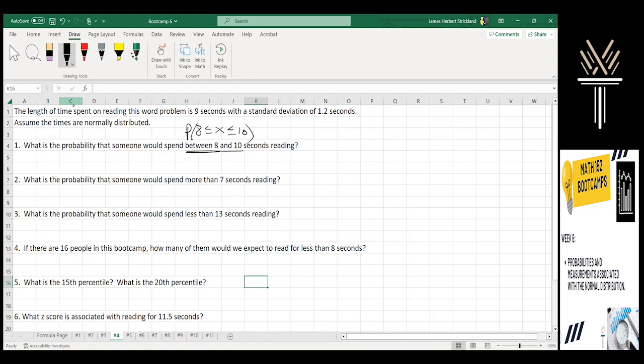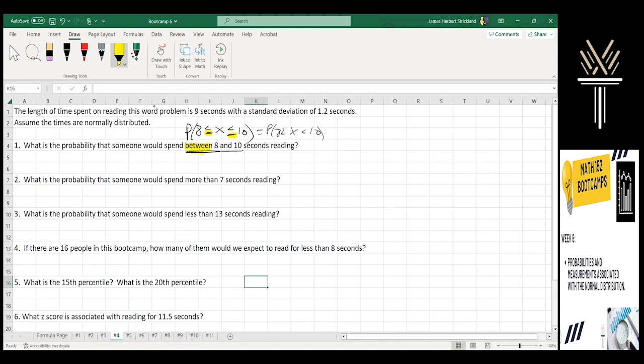And we know for normal distributions, this equality portion doesn't actually matter because those equalities technically mean 0. So I could have said this instead. Probability is 8 less than x less than 10. Doesn't actually matter. Just usually when we say the word between, we're talking about an inclusive between, so we usually include the word equality. But mathematically, it's the same thing.